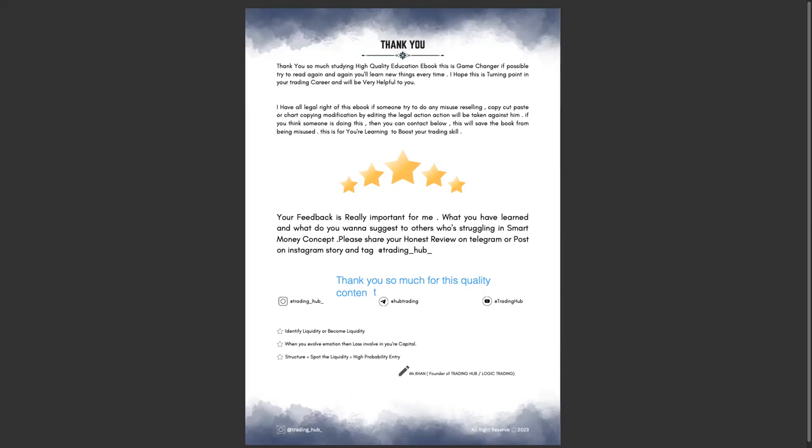I recommend you first start from any one topic. Okay, if you are able to identify structure mapping, then start with structure mapping. If you are able to identify better inducement, then start from inducement identifying, then entry in a lower time frame. Simple. If you want to trade based on the session, then you can trade based on the session.